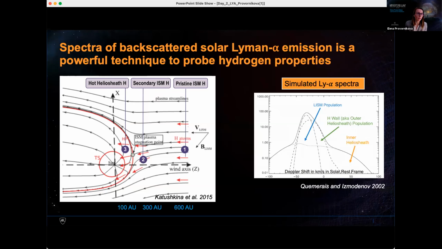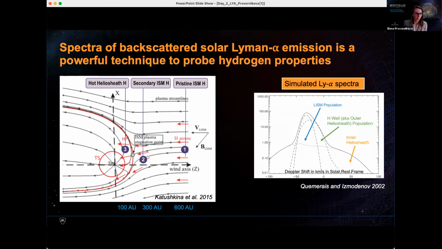So the interstellar medium coming on the right, and you see the sun in the center. And here I'm showing different populations of interstellar hydrogen. And this division is made for simplicity, and it's useful sometimes to use these different populations in global simulations. So we have the pristine interstellar hydrogen.